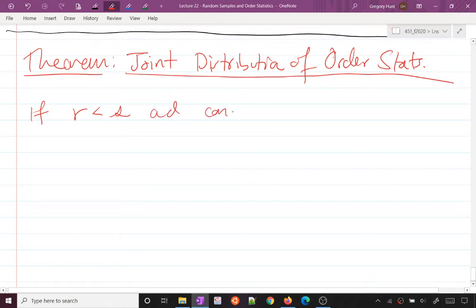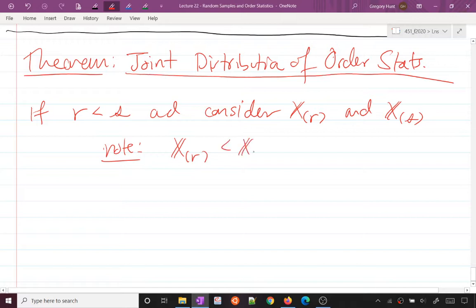And consider the 2 order statistics, X sub r and X sub s. Note that r is less than s. By definition, this means that X sub r is less than X sub s, because X sub r is the rth smallest and X sub s is the sth smallest. If r is 2 and s is 4, the second smallest is smaller than the fourth smallest.